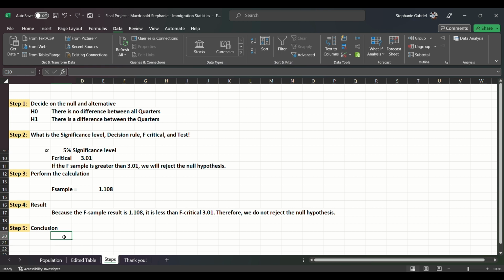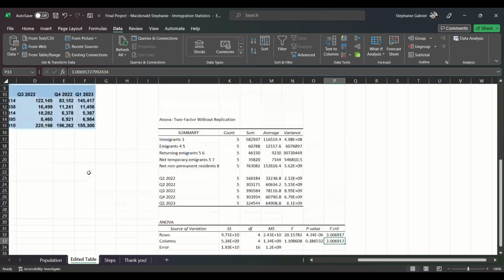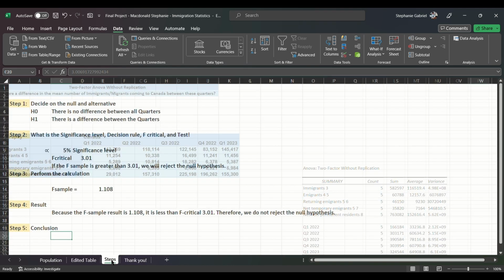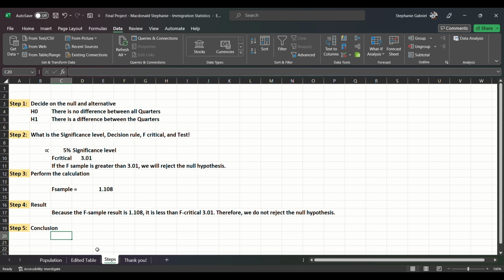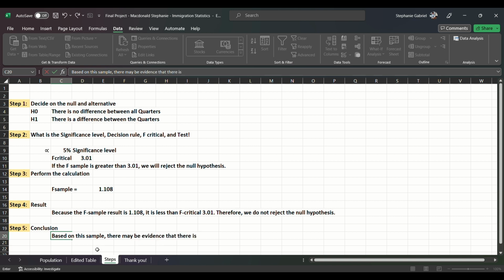And of course, the conclusion. So in conclusion, based on this sample, because we want to let everybody know that it is just based on the sample, there may be evidence that there is no difference between the quarters in regards to immigrants coming to Canada.